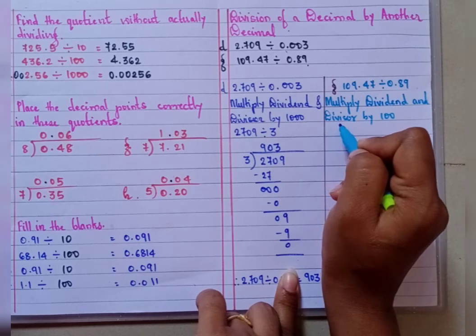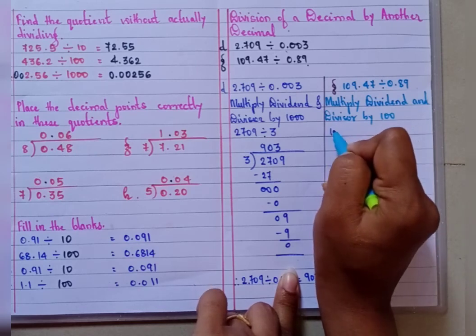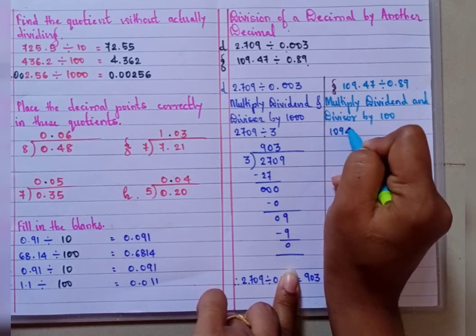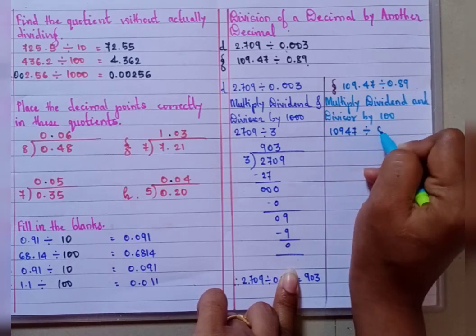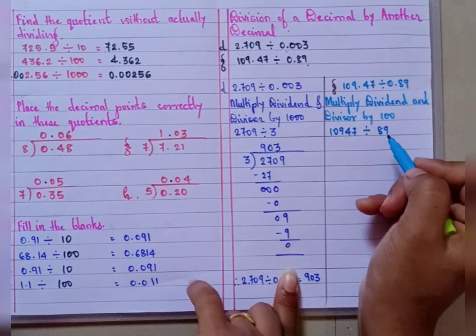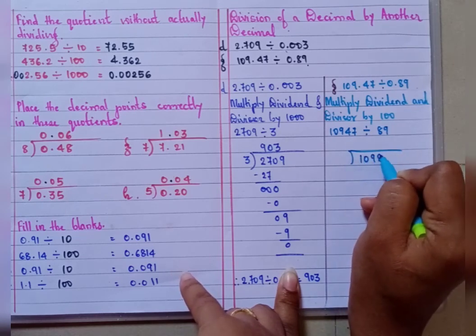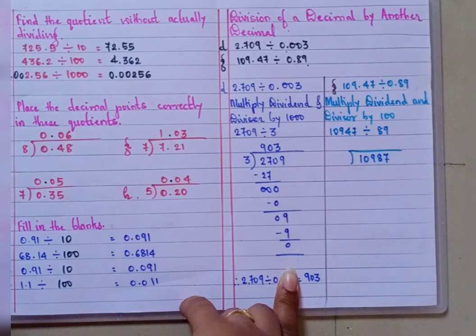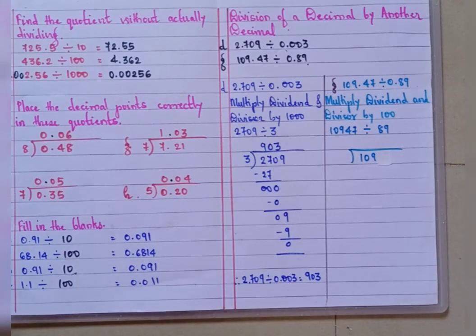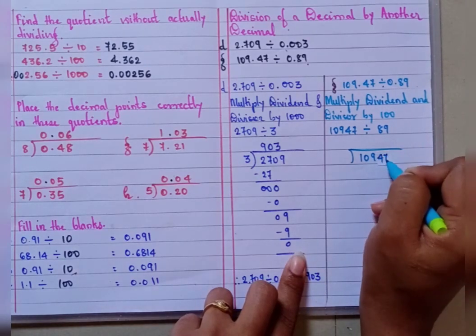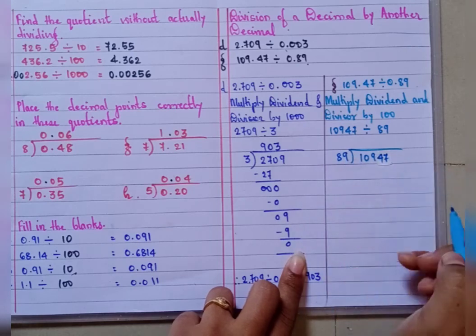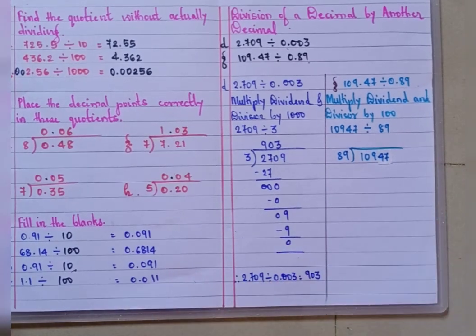Therefore, it will become 10,947 divided by 89. Now let's divide 10,947, sorry, 47 by 89. Now let's divide this.